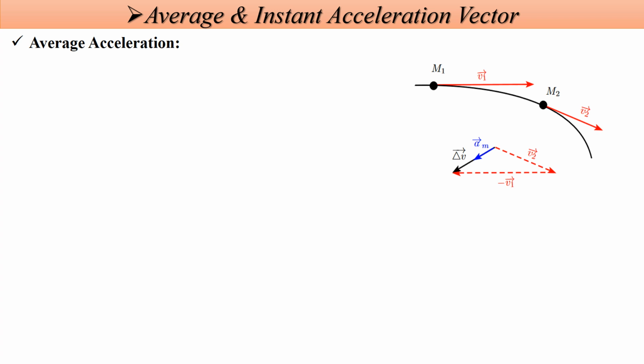Average acceleration. The average acceleration vector of the material point M between two moments t1 and t2, corresponding to the positions M1 and M2, is defined by the vector am, such as this.